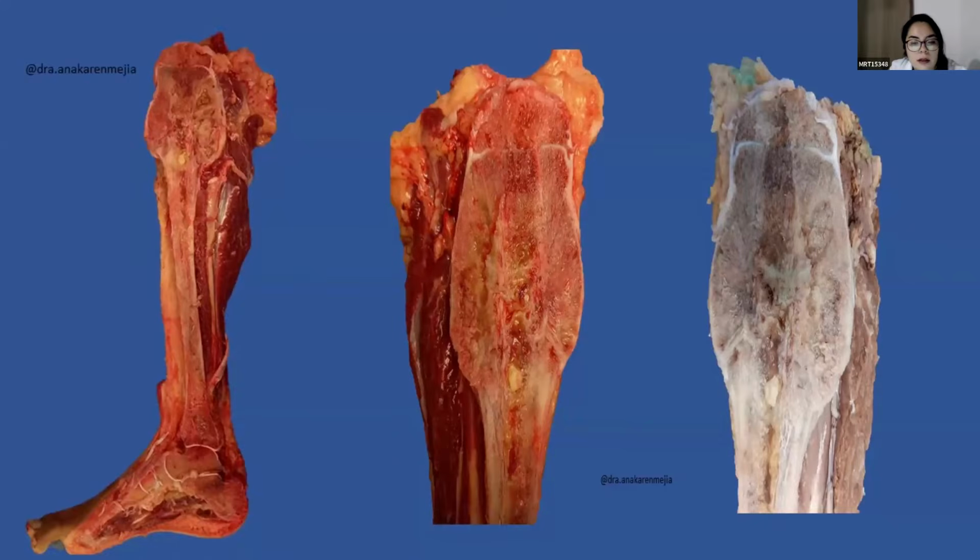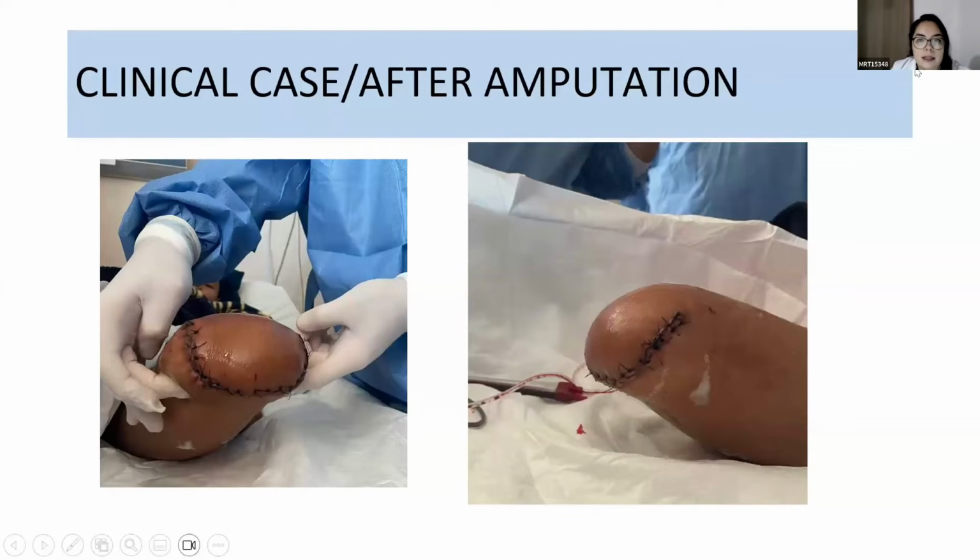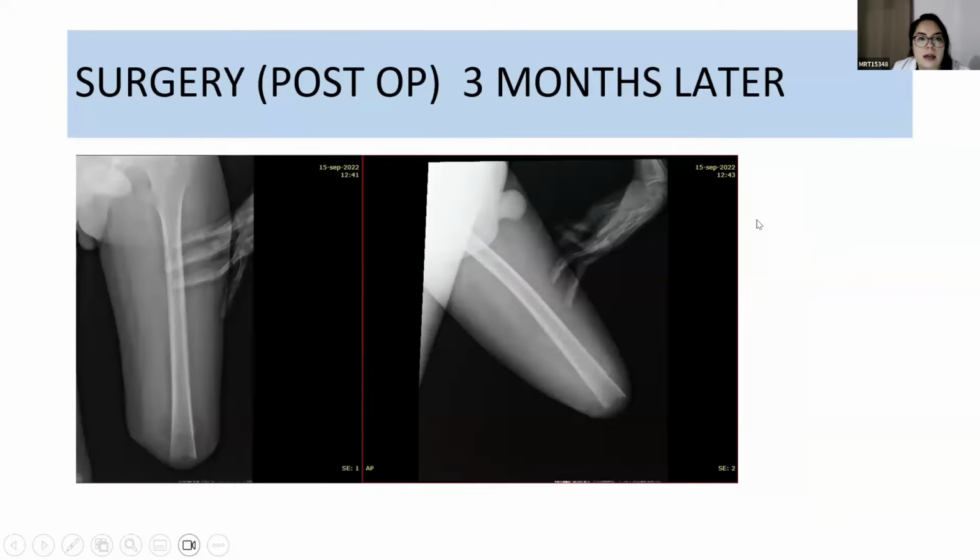In the lower third of the tibia, astragalus and calcaneus, we didn't have any residual neoplasia. This is a photo of the clinical amputation, as you can see. And here we have an X-ray after the amputation.